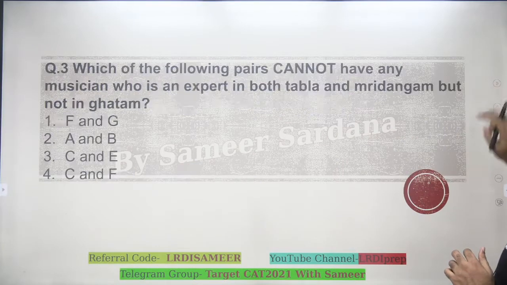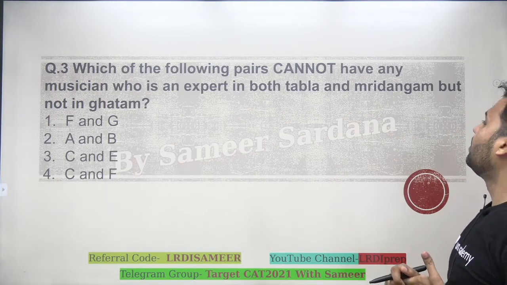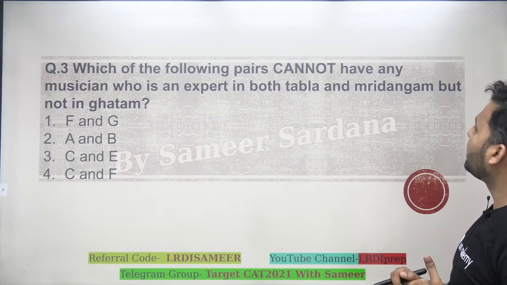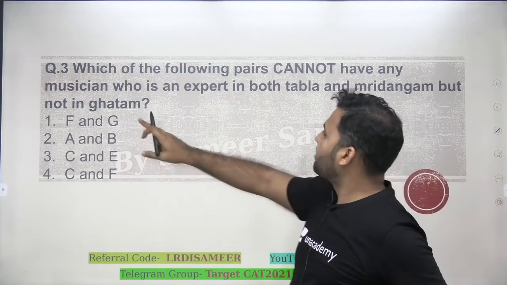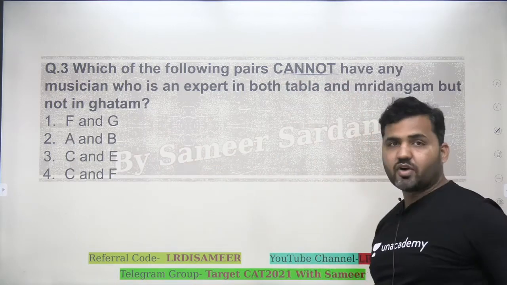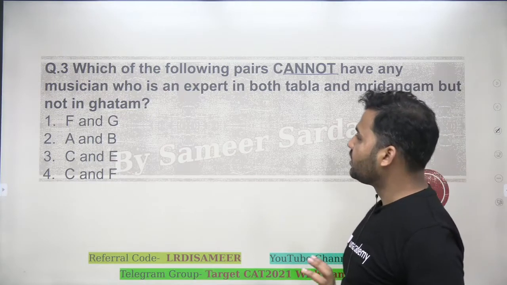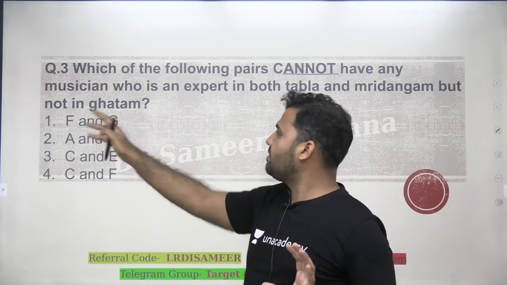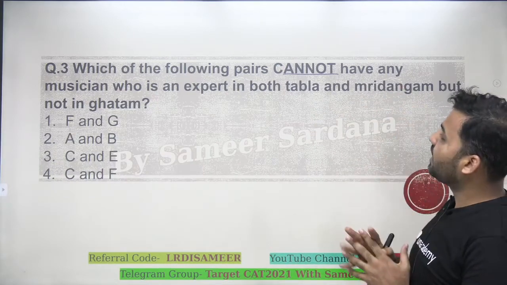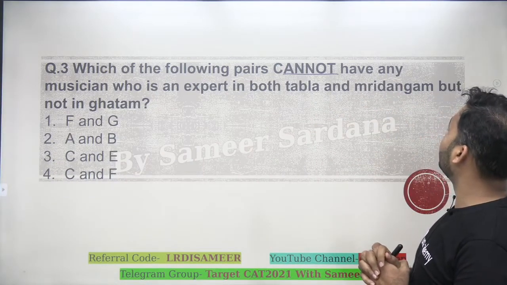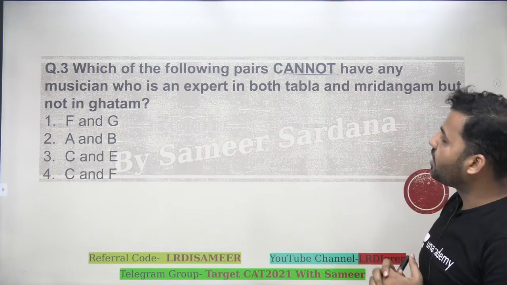Looking at question number 3 here, which of the following pairs cannot have any musician who is an expert in both tabla and mridangam but not in ghatam? So which of the following pairs cannot, the word is not definitely, it says cannot have any musician. Among the pairs given, there should be no musician who is playing tabla and mridangam but who is an expert in both tabla and mridangam but not in ghatam.